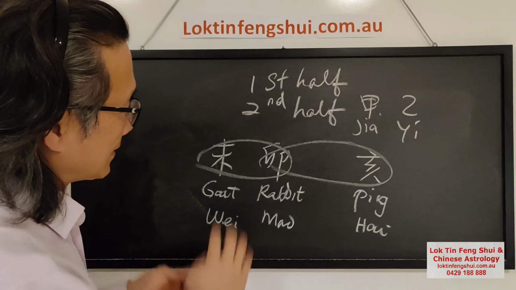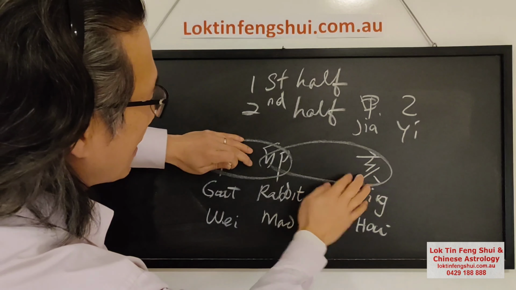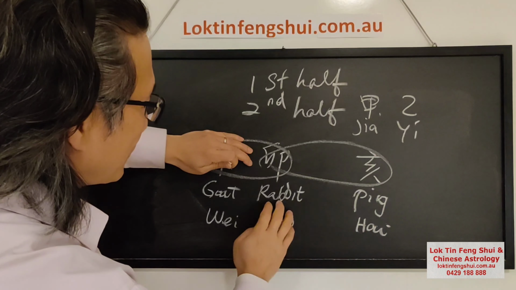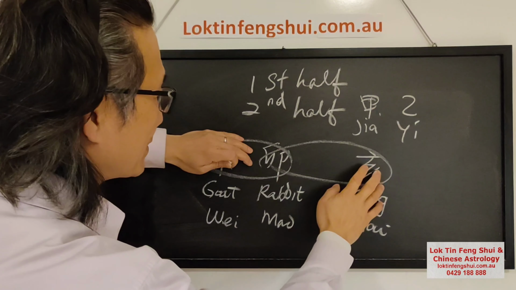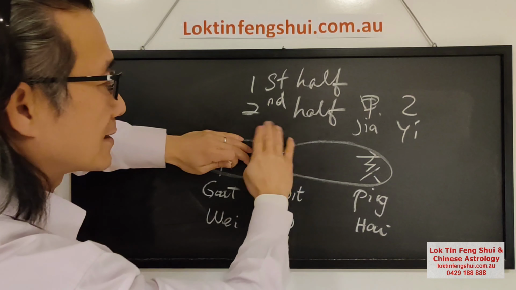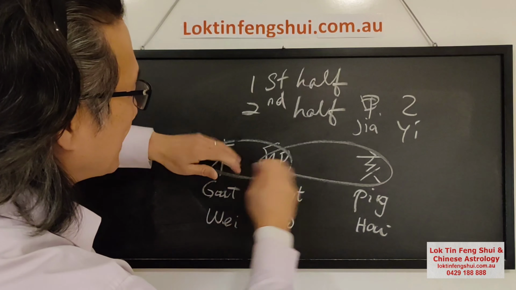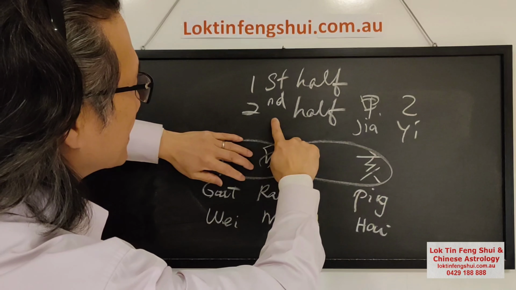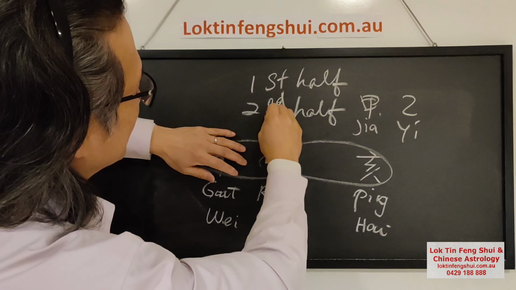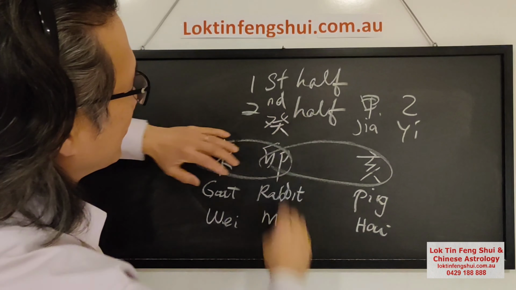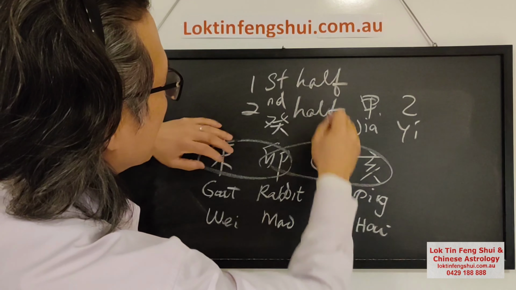So even without Wei here, Hai Mao, pig and rabbit, will transform into wood element, depending on what the day master is. Let's say the day master is Gui water. Let's say this is the day and there's a month there.